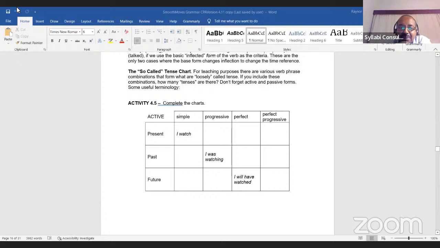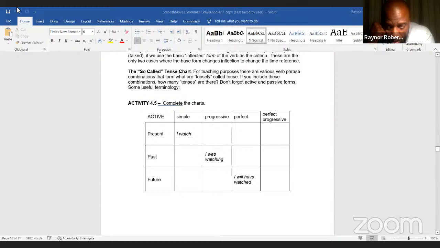Maybe it's the same. Oh, future progressive, ing. The first 2 words are what? I will. But the second one, it's definitely will.